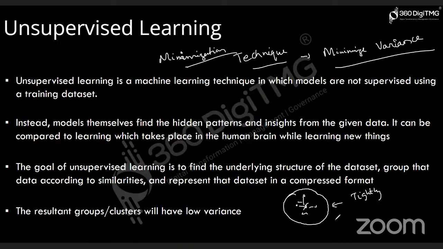Only then we can say that variation is very less, or we have a low variance. Because variance is nothing but the distance from the centroid, or the center mean value. So the closer the point is, the less will be the variance.